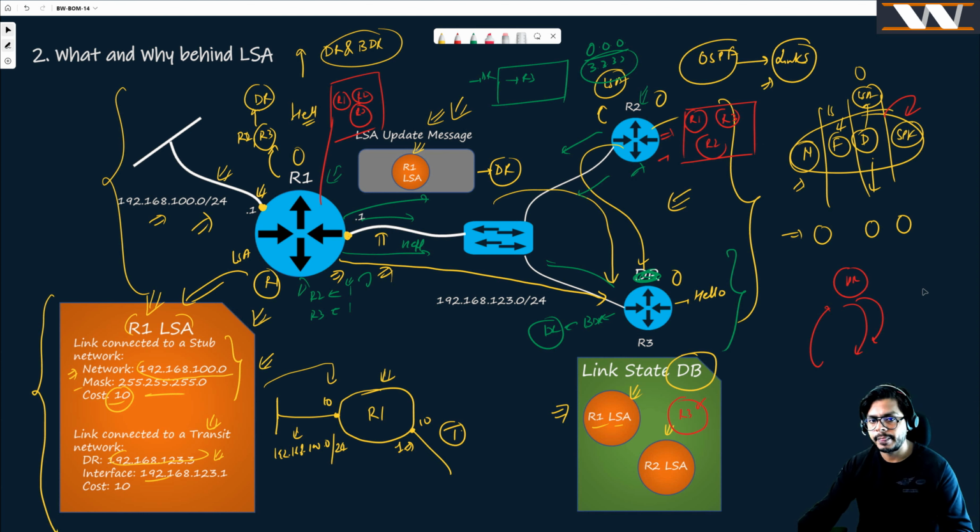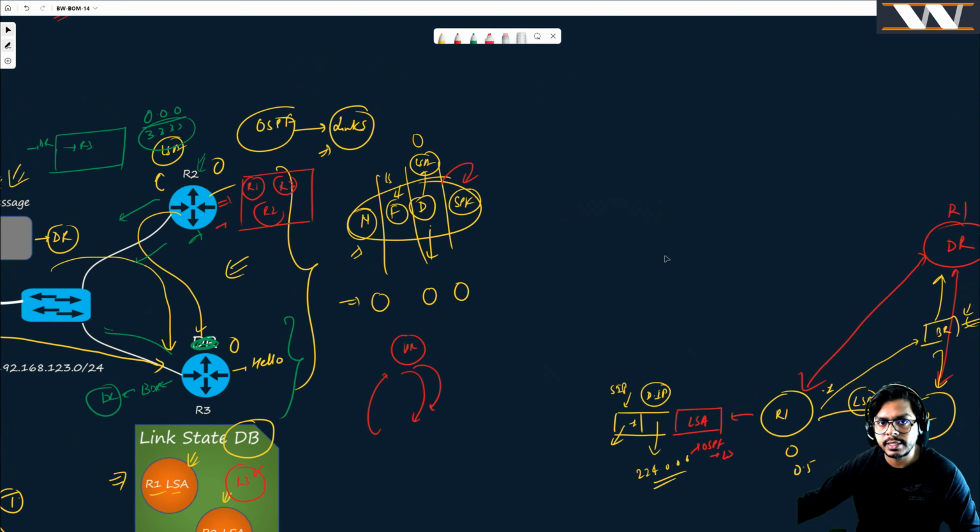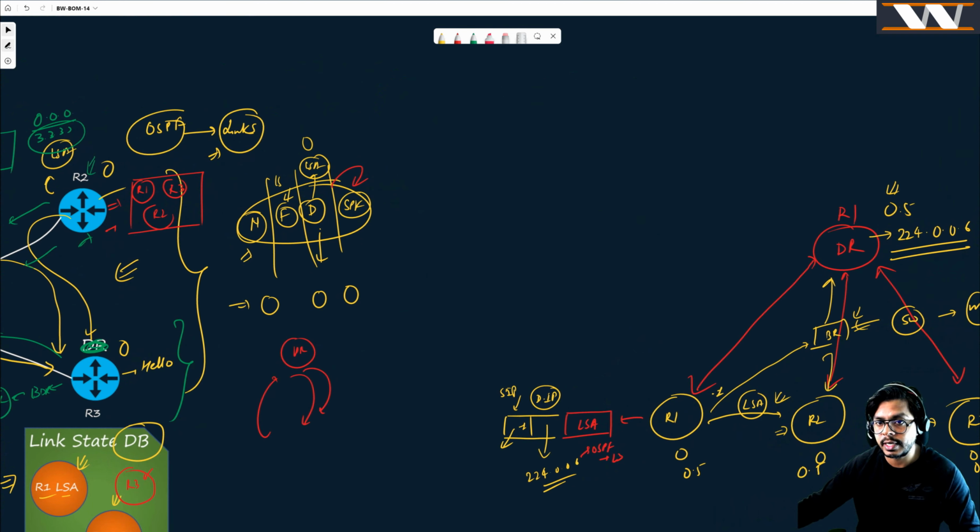Yeah. My second question is, the DR BDR election is per LAN segment, right? Yeah, absolutely. Just try to understand the reason behind it. I could see this statement from a lot of people that it is on the LAN segment. Absolutely, it is. Suppose you have these three routers, R1, R2, R3, connected over a switch.